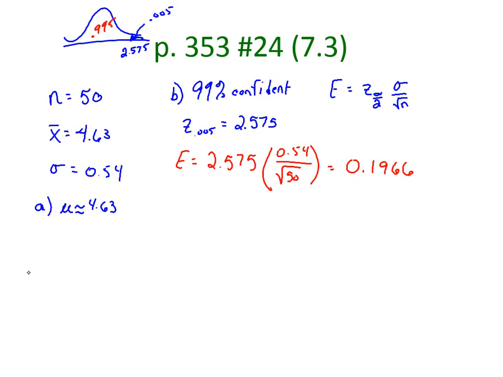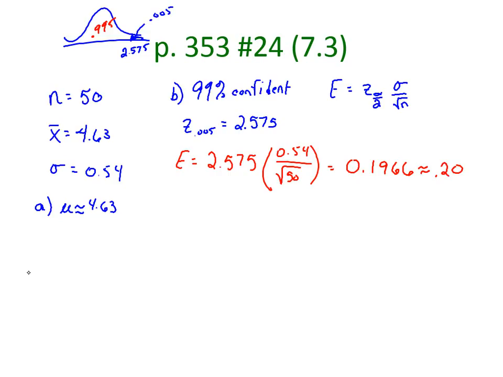Did I know the original data, or was I given the summary statistics? Okay, given the statistics. So how many decimal places should I round this? Going with 2? Okay, 2 would be a good answer because that was rounded to 2 decimal places, therefore I still just keep it to 2 decimal places. So we're going to round that to 0.20.